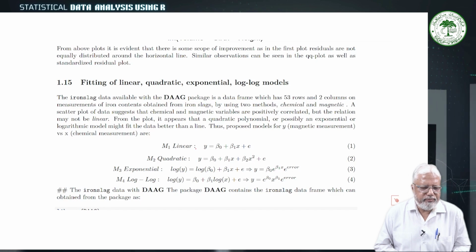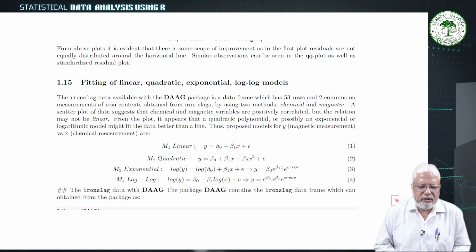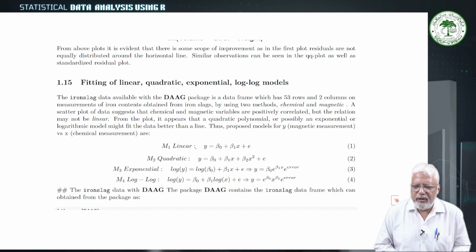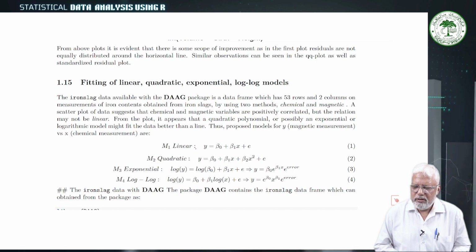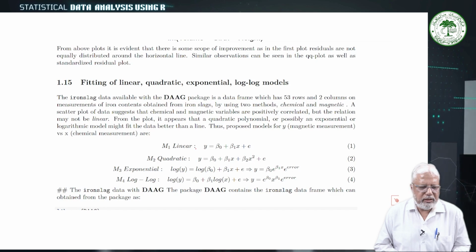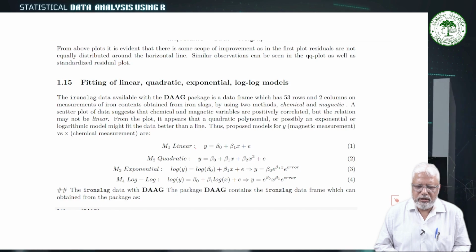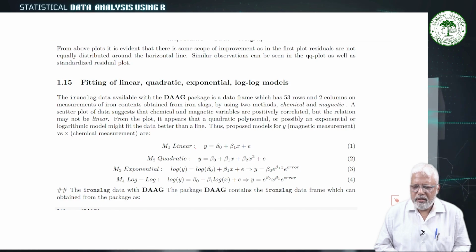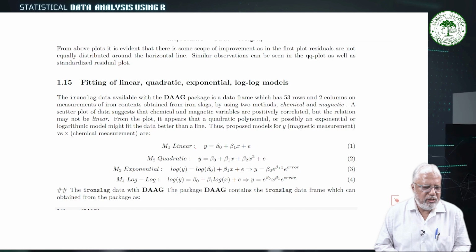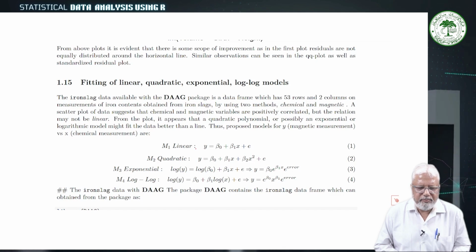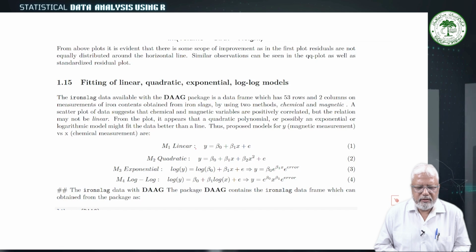A scatter plot of the data suggests that chemical and magnetic variables are positively correlated, but the relation may not be linear. From the plot, it appears that a quadratic polynomial or possibly an exponential or logarithmic model might fit the data better than a line.